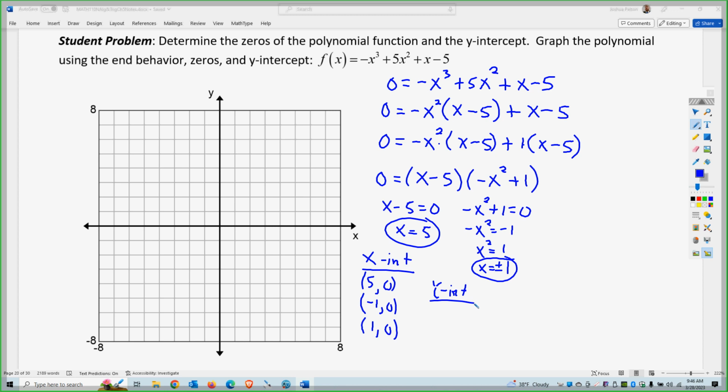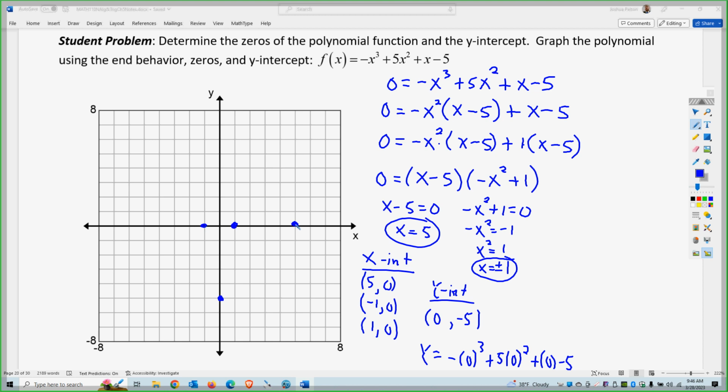If I plug in 0 for my x, which is what it is by definition, that's where it is on the graph, I get y equals negative 0 to the third plus 5 times 0 squared plus 0 minus 5. So I get a minus 5 because all those go to 0, right? Okay, so I'm going to go to 5, 1, 2, 3, 4, 5 on the graph, 1 on the graph, negative 1 on the graph, and then 1, 2, 3, 4, 5. So there are all my intercept points.